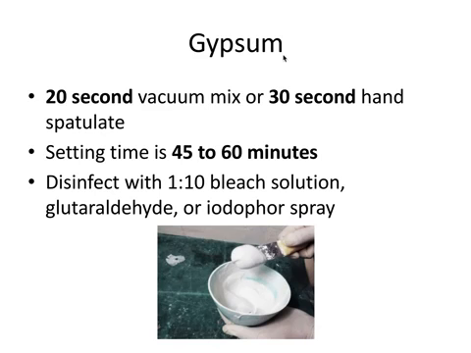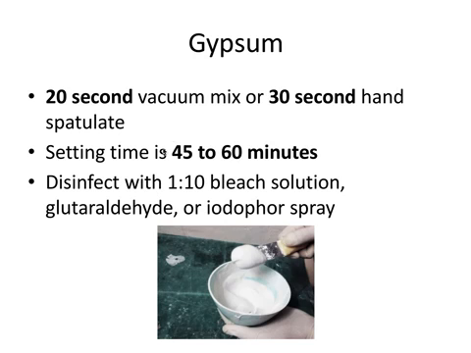So gypsum, when we're mixing it, we typically take about 20 seconds if we're using a vacuum mixer, or 30 seconds if we're mixing by hand in a mixing bowl with a spatula. The setting time for gypsum is approximately 45 to 60 minutes. Now, I did mention before that using a fast set impression plaster or type 1 stone will set much faster in about 5 to 10 minutes.